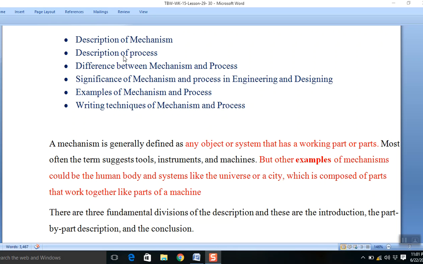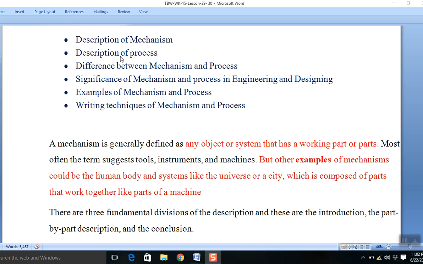Whereas the process, that how WhatsApp processes the entire data including videos and this and that, that is called process, clear. Mechanism is a single functionality, and process is the series of related functions that design or develop a full system is called process, clear. These concepts make 80% of the discussion.